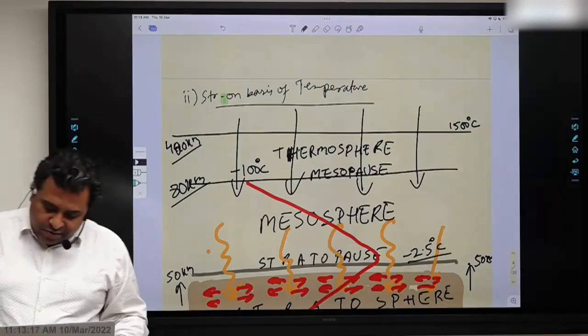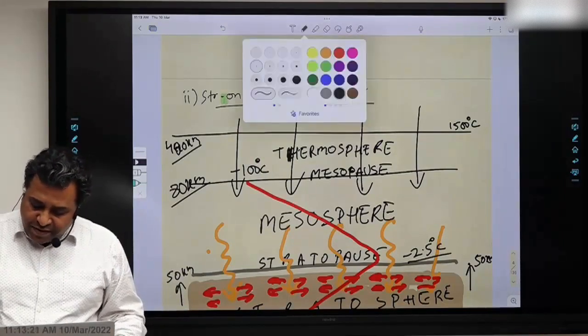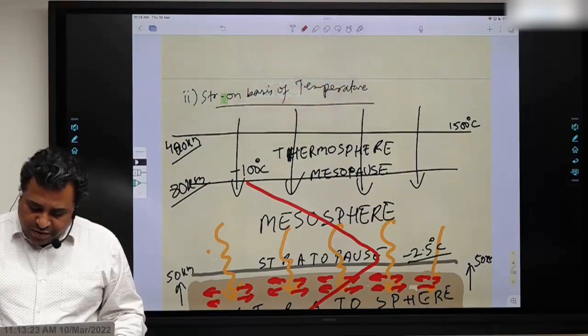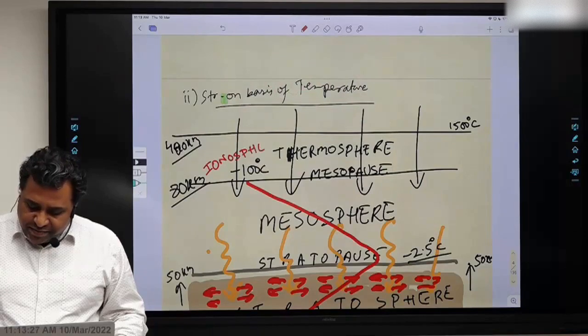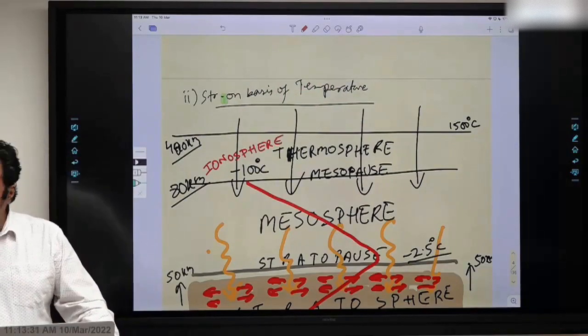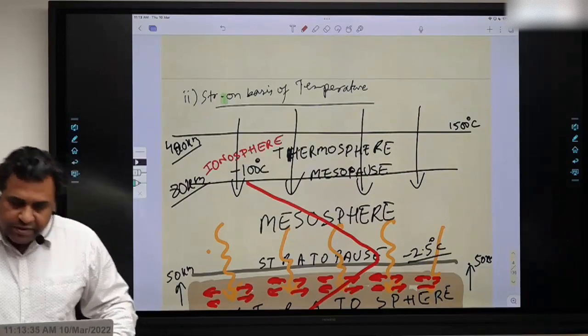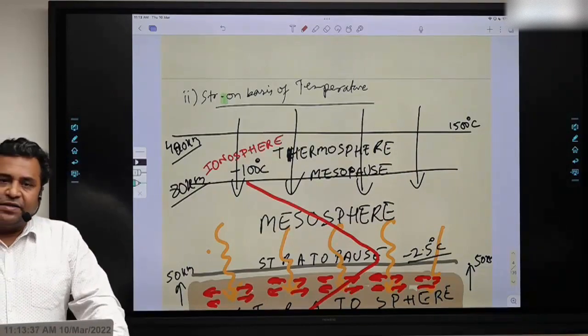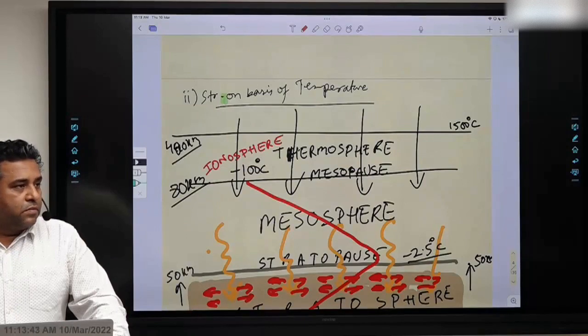So the thermosphere region is also known as ionosphere for the simple logic of all the gas particles being ionized. Please do draw the region. Very few particles are there and they are extremely heated and hence ionized. Right? So, ionosphere.